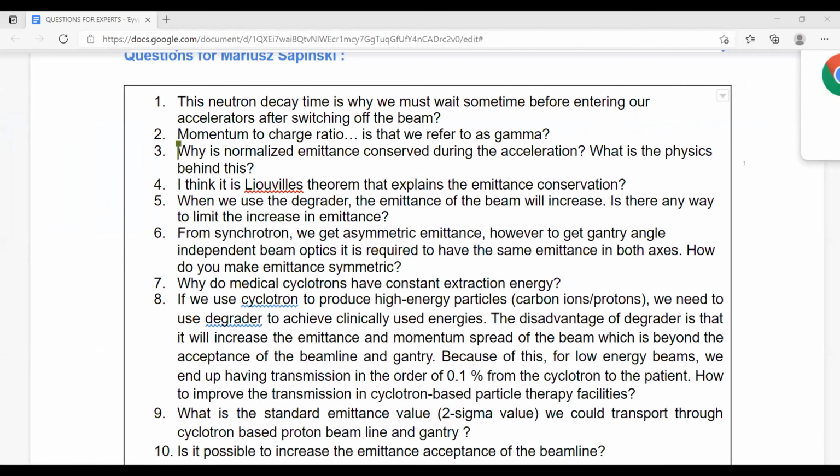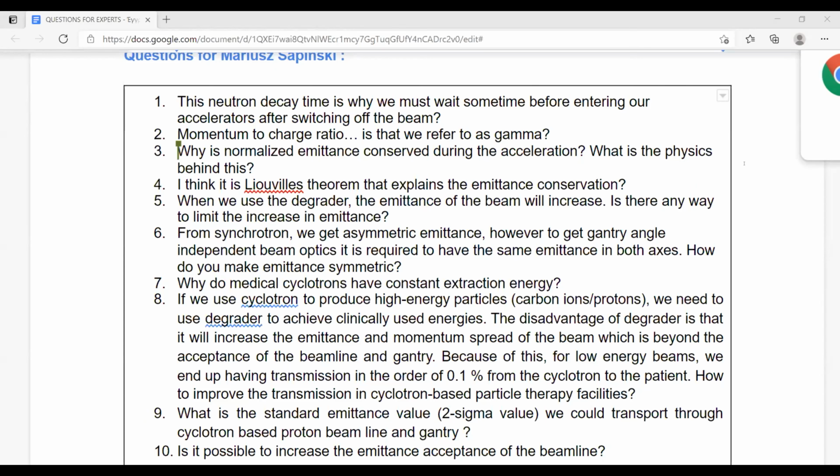All right. So the first question is neutron decay time, which is around 11 minutes. Is it why we must wait some time before entering our accelerators after switching off the beam? Actually, yes and no. No, because usually neutrons are never stable. I mean, they don't stay like that.